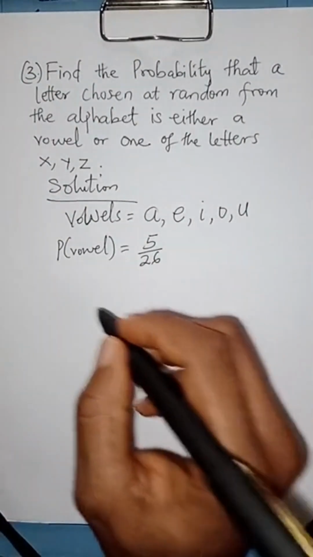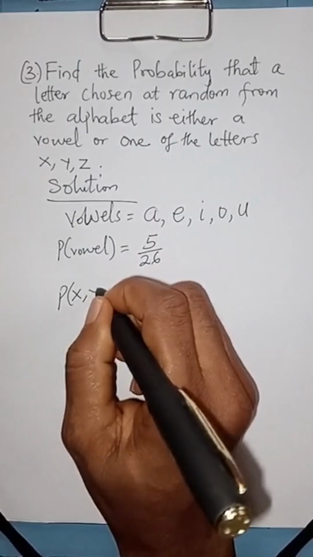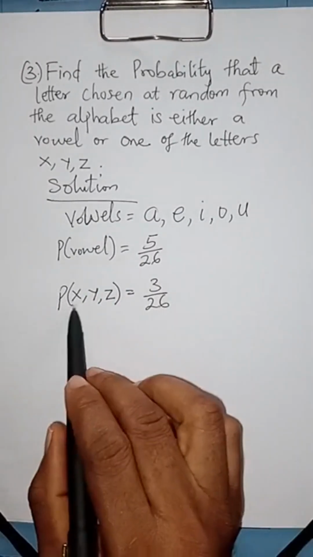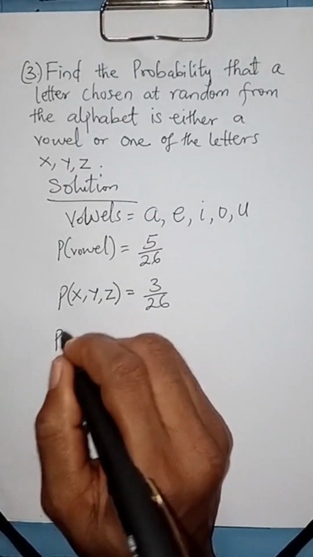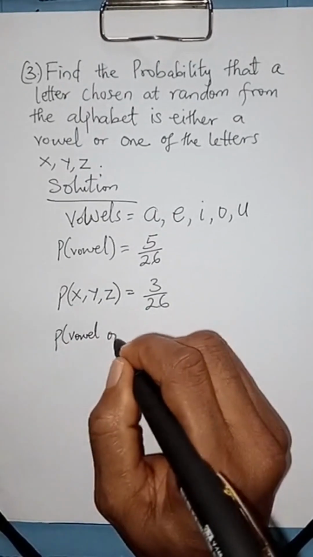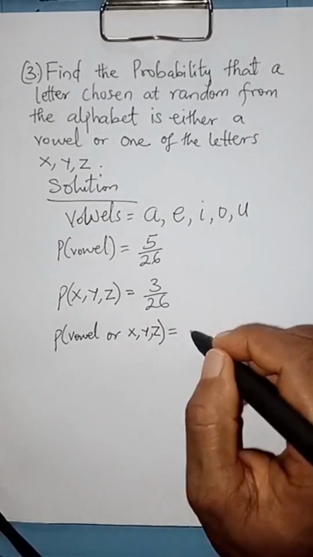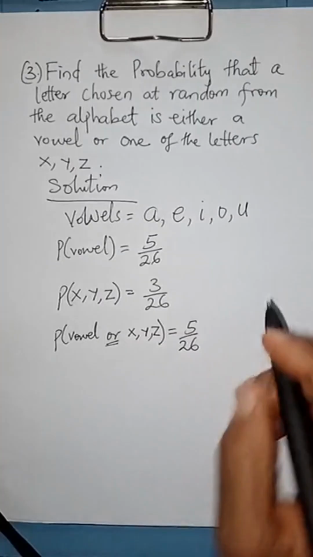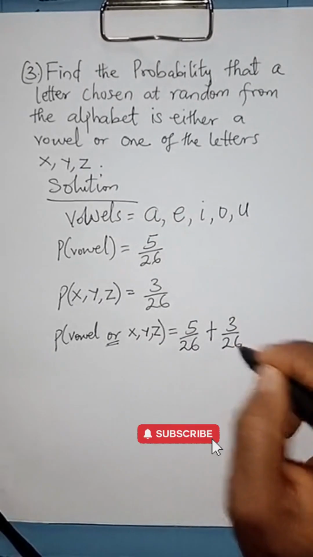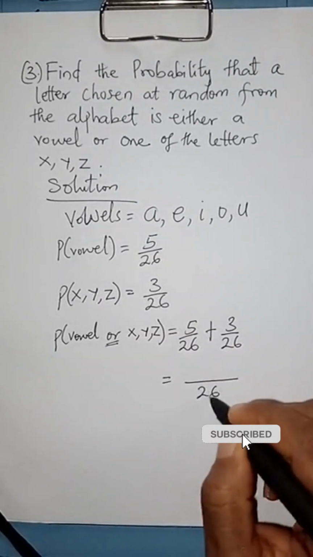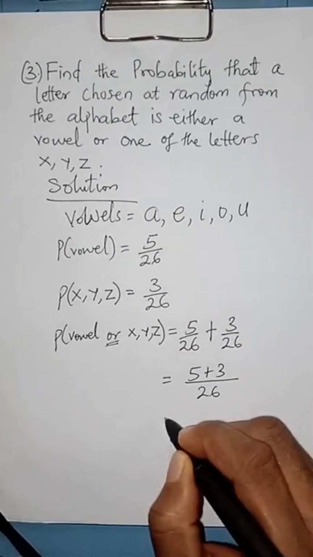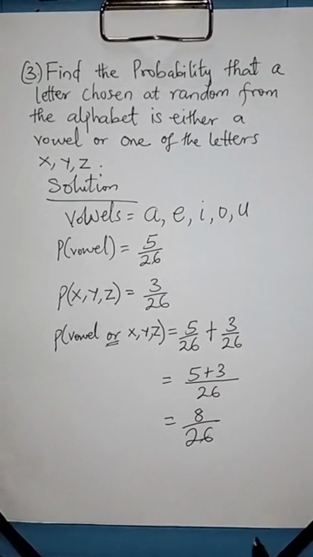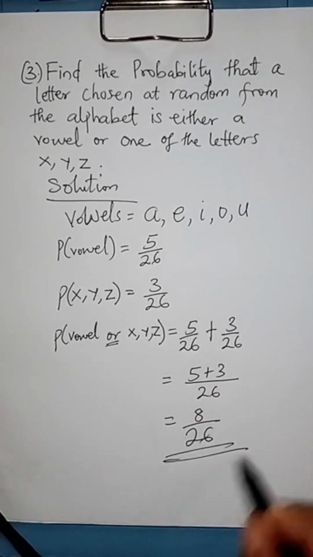Then the probability that it's one of the letters X, Y, Z will be 3 out of 26, because there are 3 letters here. So the probability that it is a vowel or X, Y, Z is going to be 5 out of 26, because of this word "or", addition, 3 out of 26. If you simplify this, you're going to have 5 plus 3, which gives you 8 out of 26. So this is the answer to the question.